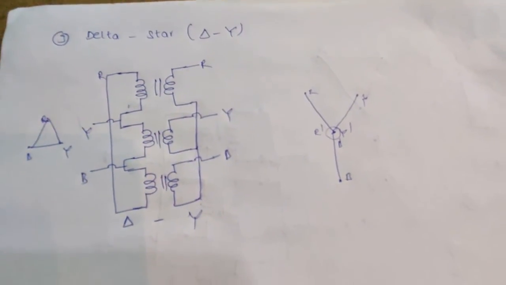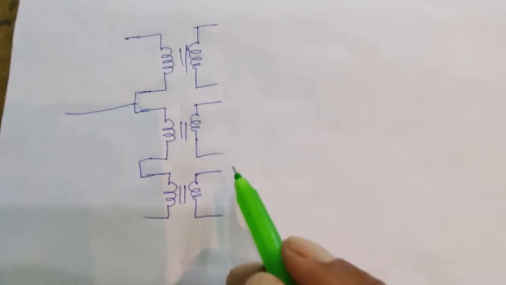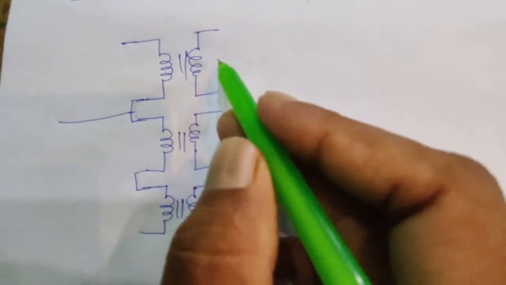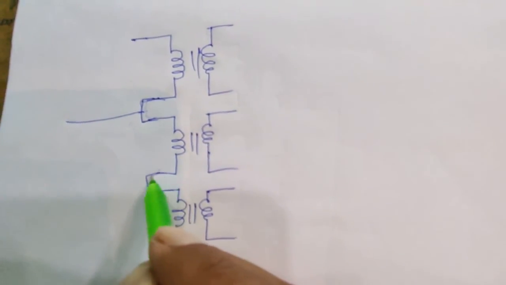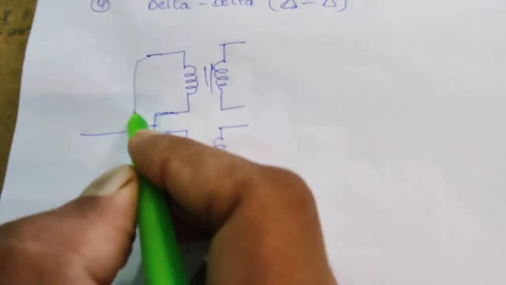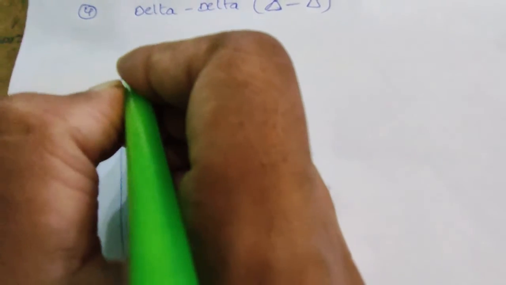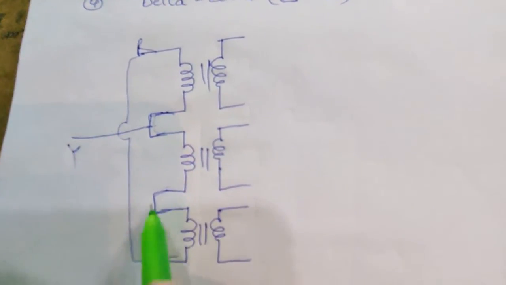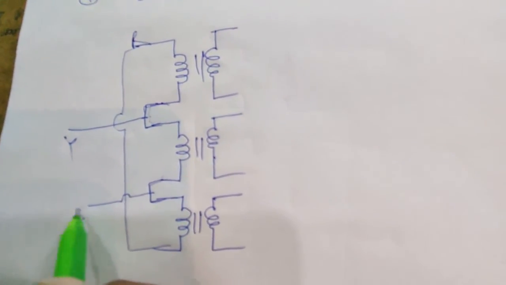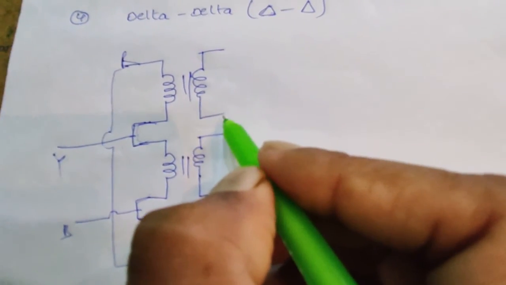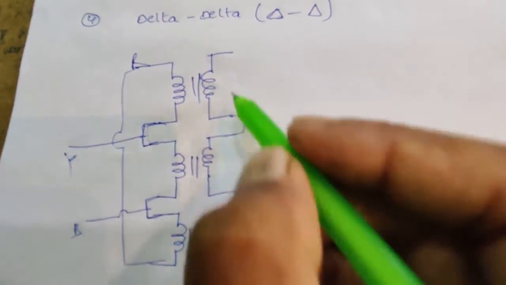Same as delta to delta. At first we have to draw the transformer. We have to connect these two, and these two. R phase, Y phase and B phase. Same as like this for delta connection.